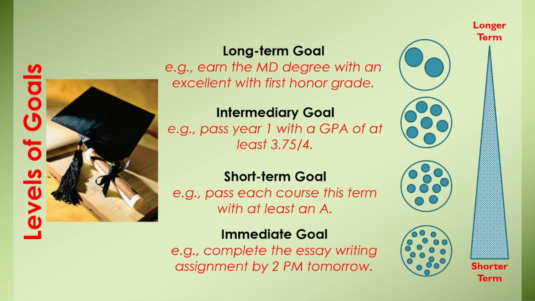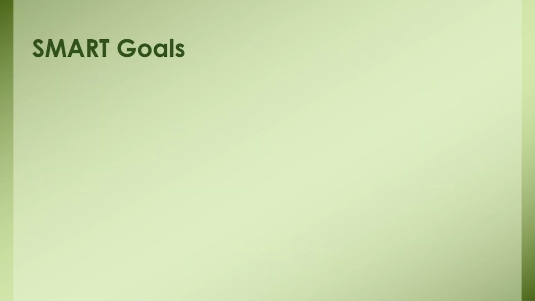But you can have many immediate goals, like completing an essay by 2 p.m. tomorrow. So you have essay writing in 2 or 3 subjects. You have an assignment in another subject. You have to go to the laundry. So there are many actually. But when you go up this pyramid, you will find that there are only a few.